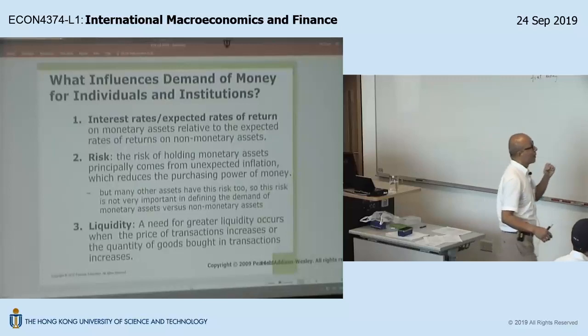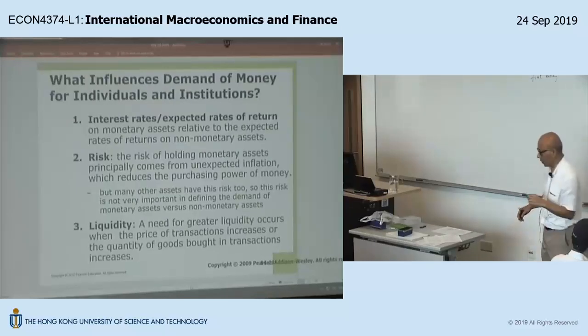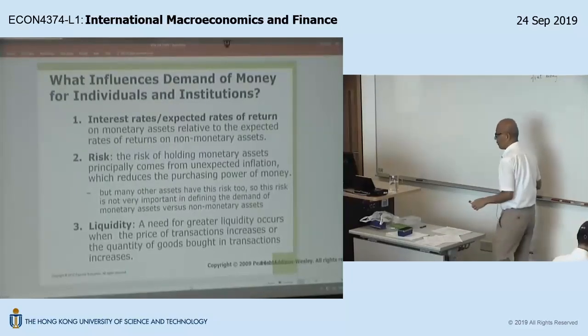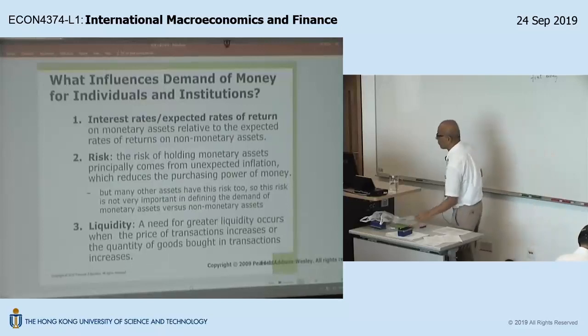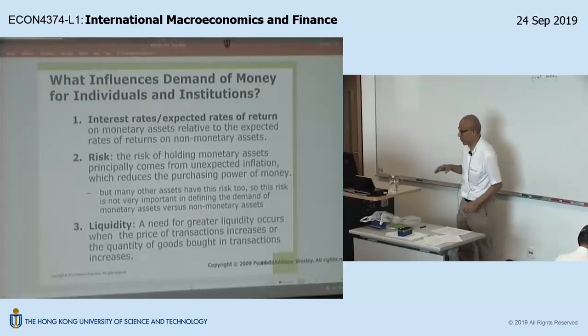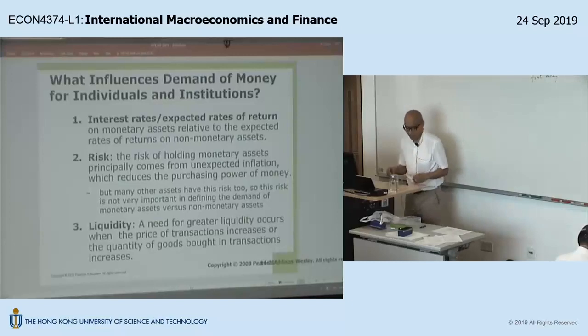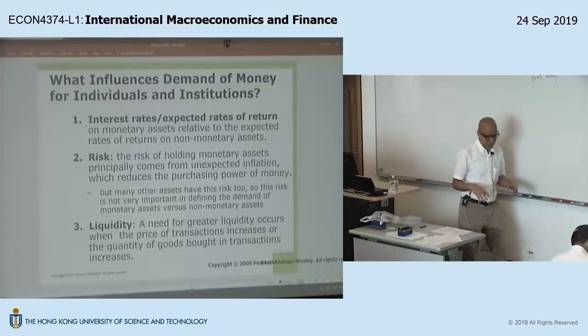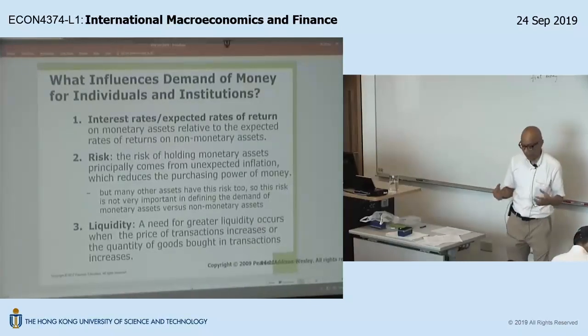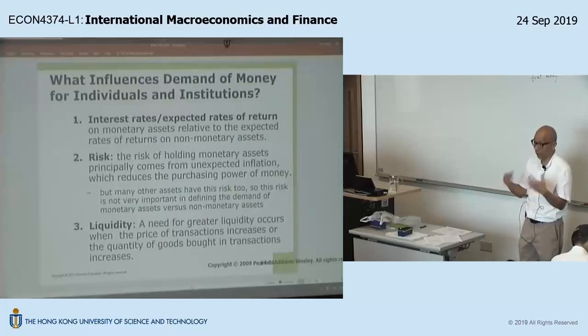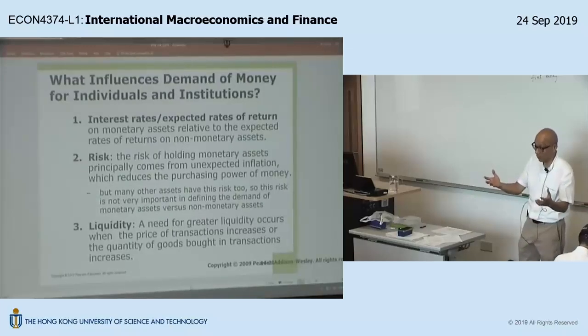Liquidity obviously is important. As we just said, we want the liquidity. If the asset is less liquid, you want it to have a higher return in order for you to be willing to keep it.